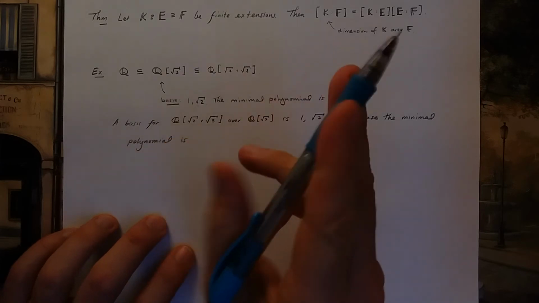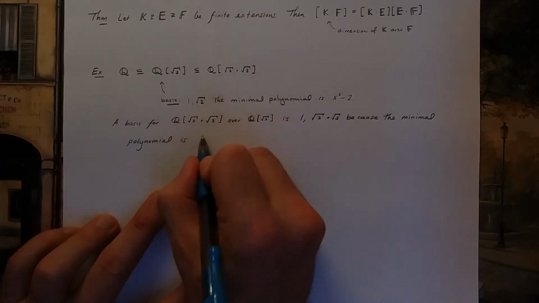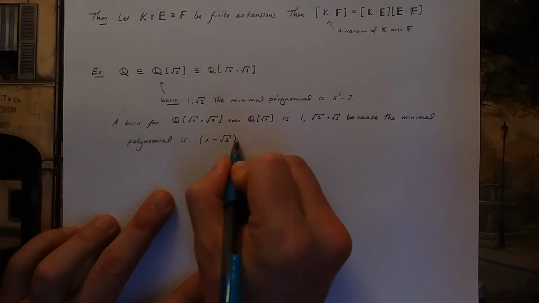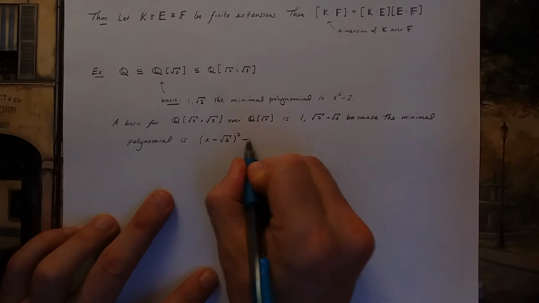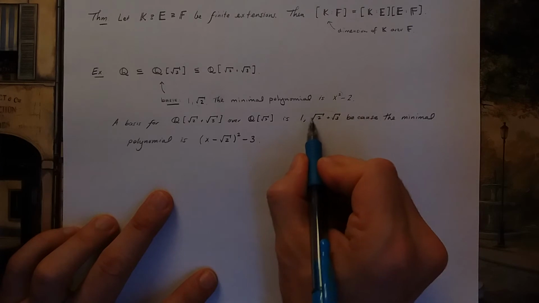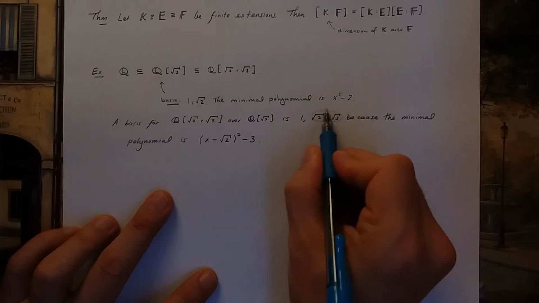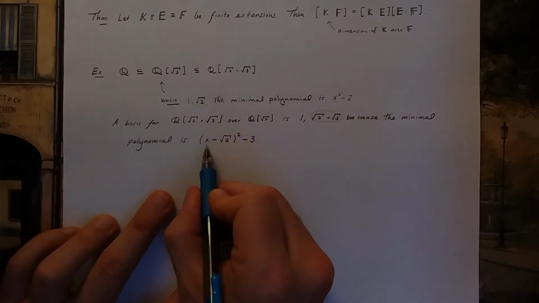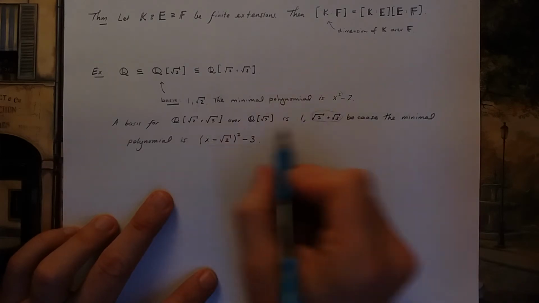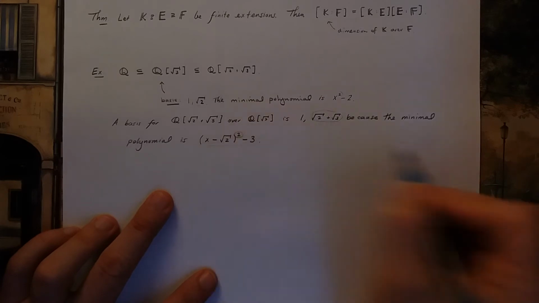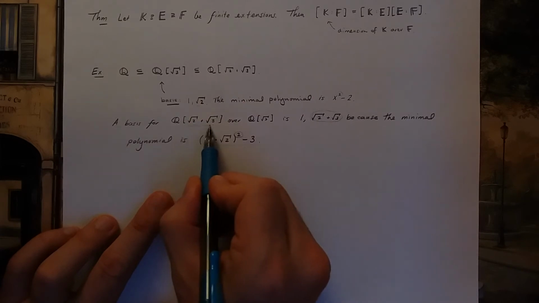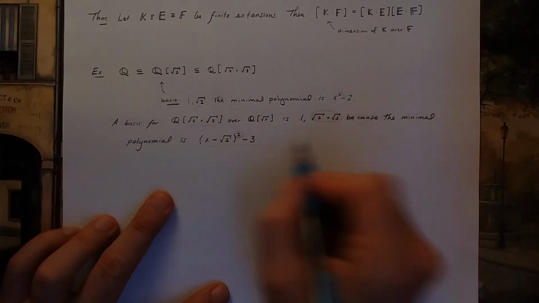The minimal polynomial is, I'm going to write it this way, x minus the square root of 2 squared minus 3. So you could check that this element in your field is a root of this polynomial. It's not too hard to verify. It's constructed this way. And this polynomial is a degree 2 polynomial. That means your basis is just 2 elements, degree 2 extension.